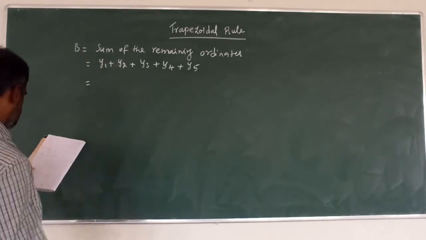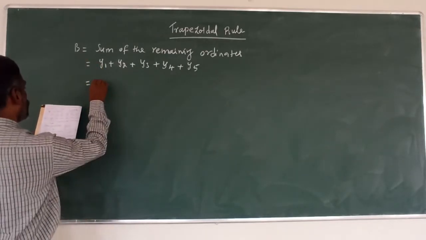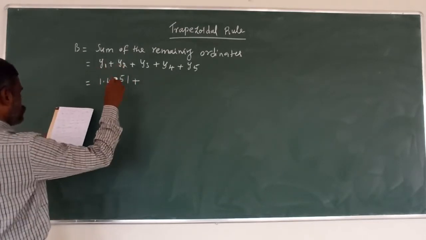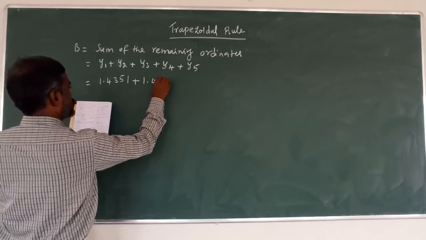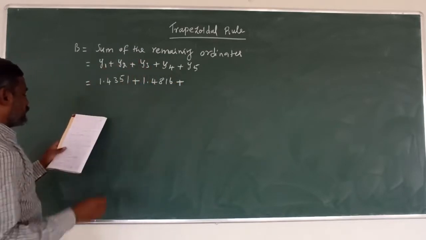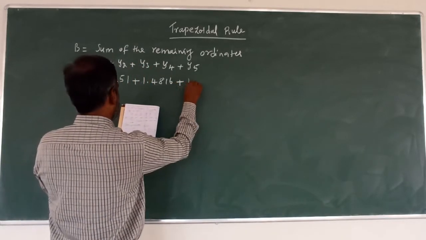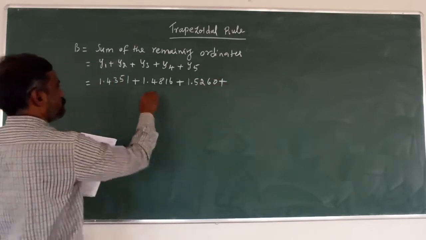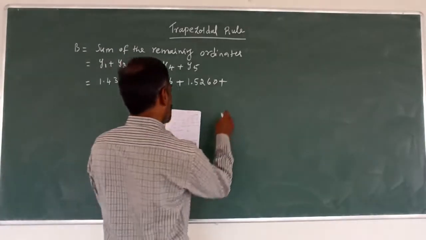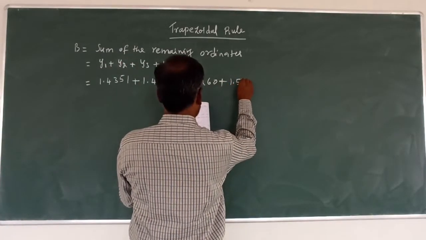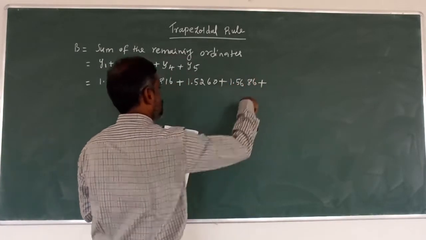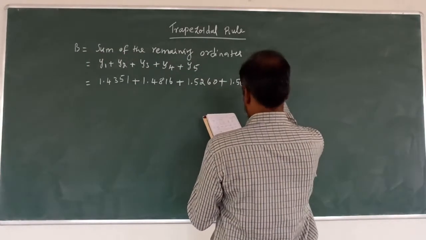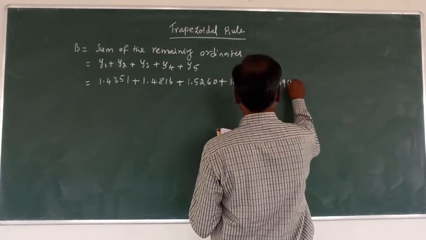y1 is 1.4351, y2 is 1.4816, y3 is 1.5260, y4 is 1.5686, plus y5 is 1.6094.